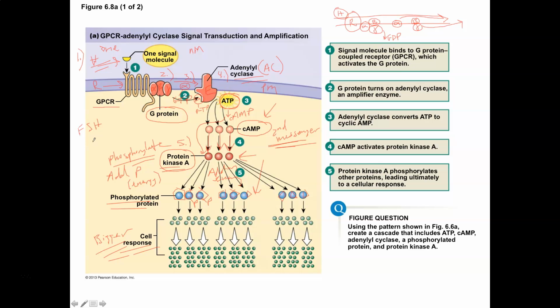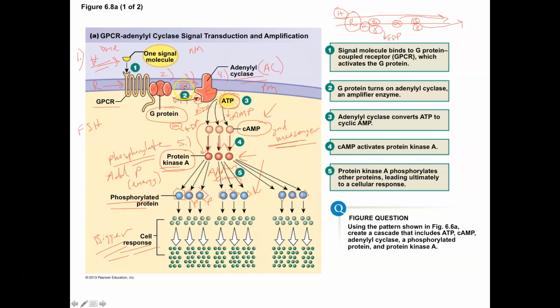To turn this off, you would break off a phosphate from the G protein subunit. So we're going back to the alpha subunit with its GTP. You can actually break off a phosphate and return this alpha into the GDP form.